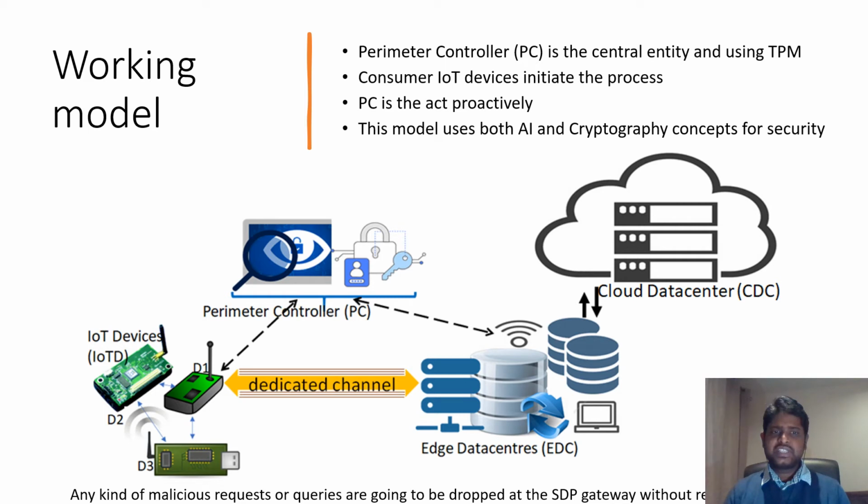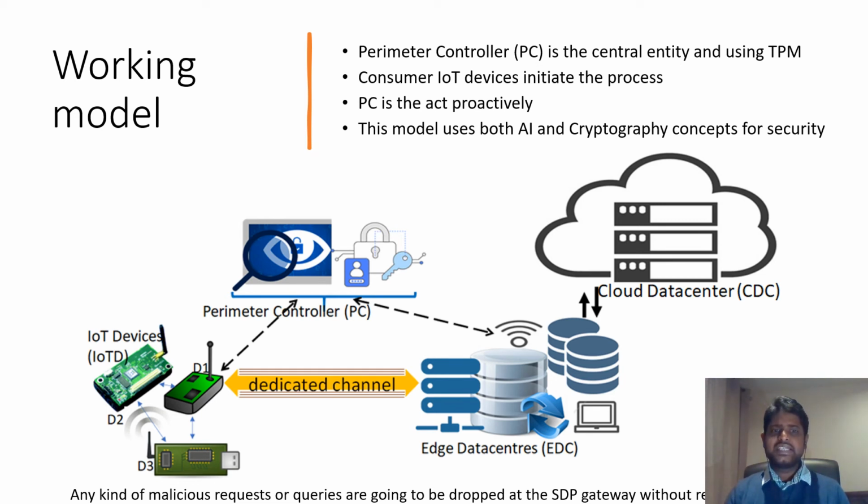At the beginning of the process, let's say any IoT consumer device wants to access some resources from an edge data center. It first raises its query, its interest, to the perimeter controller by generating the context of the data: what type of resources it requires, what type of device it is, where it is deployed. All these contexts it sends to the perimeter controller. Then the perimeter controller applies AI techniques and machine learning algorithms to authenticate the consumer device from these contexts.